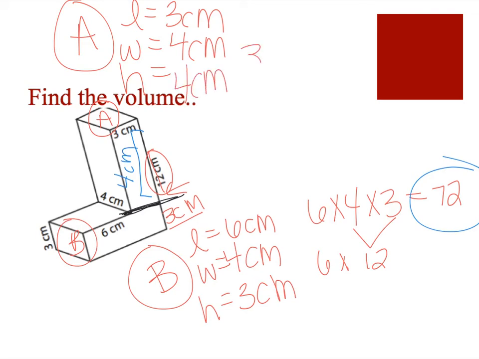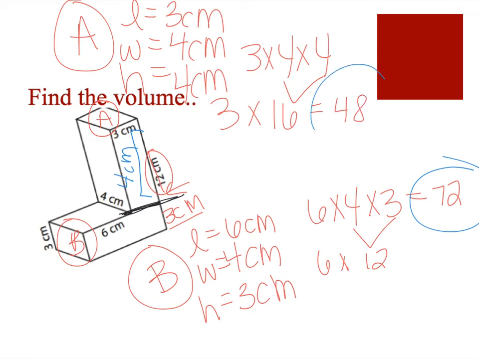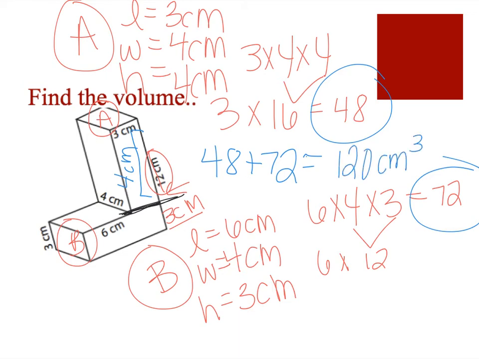So then I can multiply 3 times 4 times 4. So I know that 4 times 4 is 16 times 3 is going to give me 48. And now I can take my two volumes and add them together. 48 plus 72 gives me a total of 120 centimeters cubed.